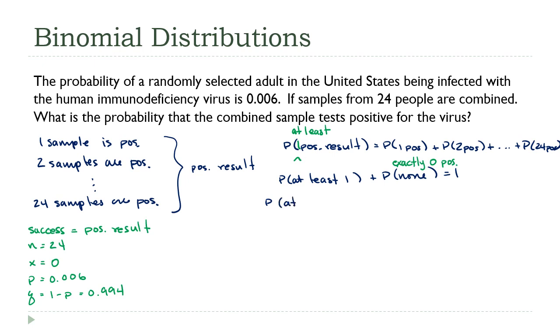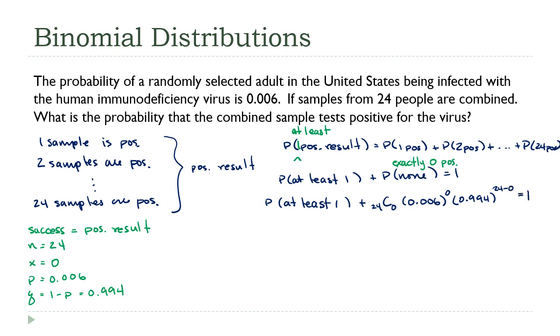Okay, now let's go to our formula. The probability of at least 1 plus exactly 0 positives. This is the one I'm going to use my formula on. So this is 24 choose 0, times 0.006 to the probability of a success to the number of successes, so that's 0, times 0.994 to the 24 minus 0.